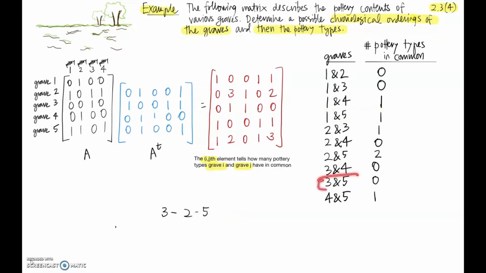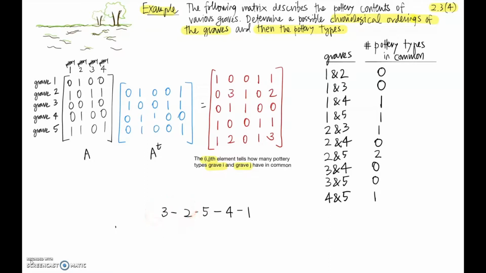We already knew 3 and 5, and 4 and 5 have something in common. So what about 4 and 1? They have something in common. So let's see if this is a possibility for the ordering of graves. And we've talked before about how we don't know whether it goes this way or this way, but these are the connections. So let's just double check our work here.